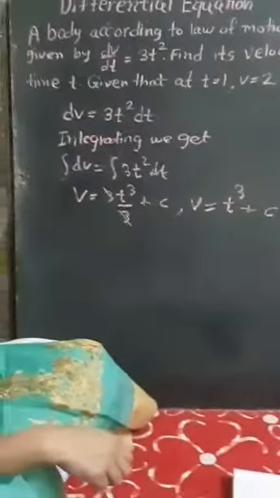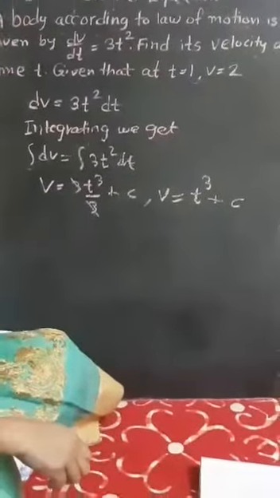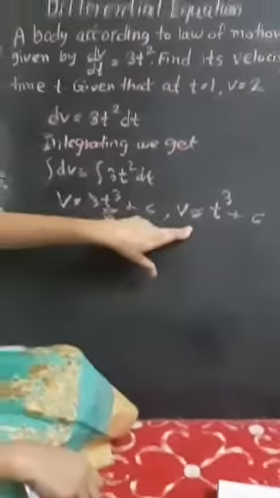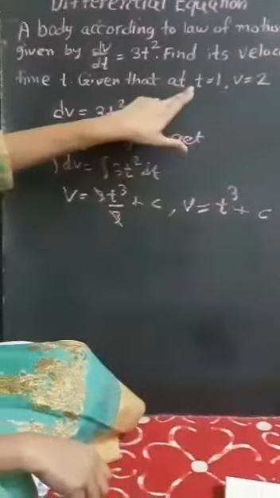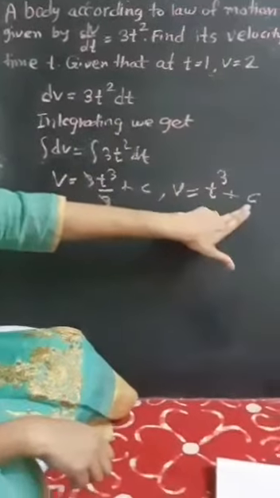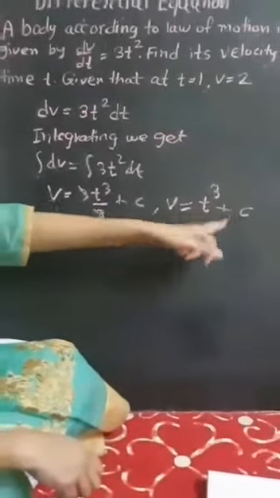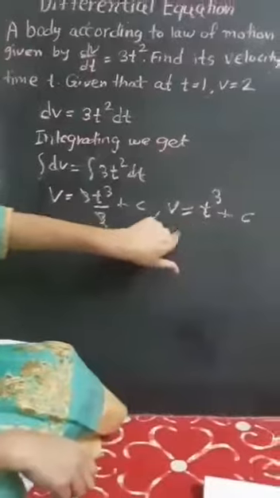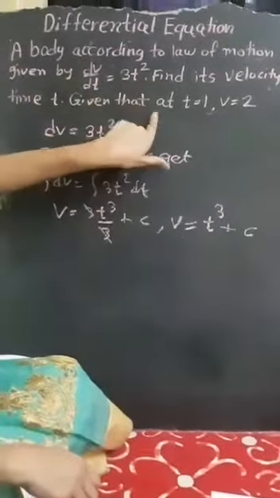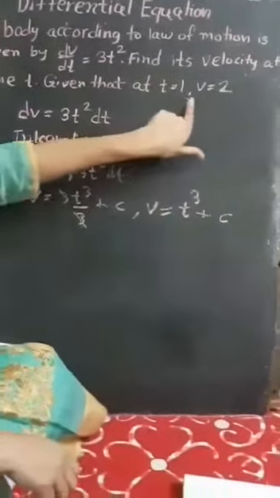Whatever we get is called particular solution. So what this is, general solution of differential equation. Now according to the conditions given, we will find out the value of c. After that whatever we get is called particular solution for the given problem along with the conditions.